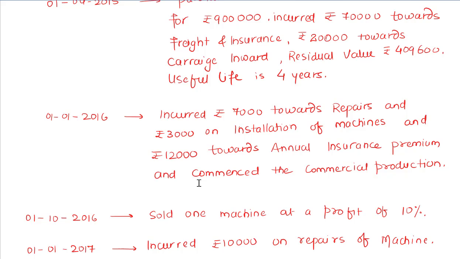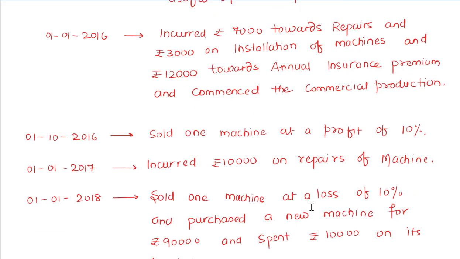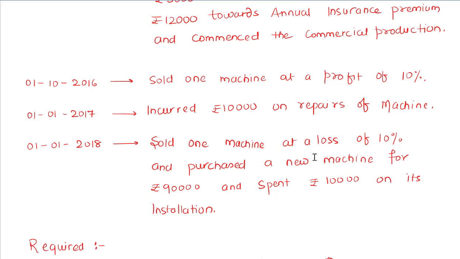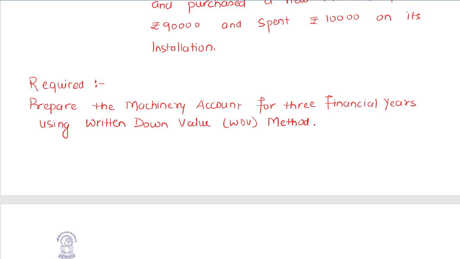We have incurred 7,000 towards repair and 3,000 on installation of machine and 12,000 towards annual insurance premium. We have sold one machine at a profit of 10% on 1st October 2016. After 1 year, on 1st of January 2017, we have incurred 10,000 rupees on repairs of machines. And then on 1st of January 2018, we have sold a machine at a loss of 10% and purchased a new machine for 90,000 and spent 10,000 on its installation.